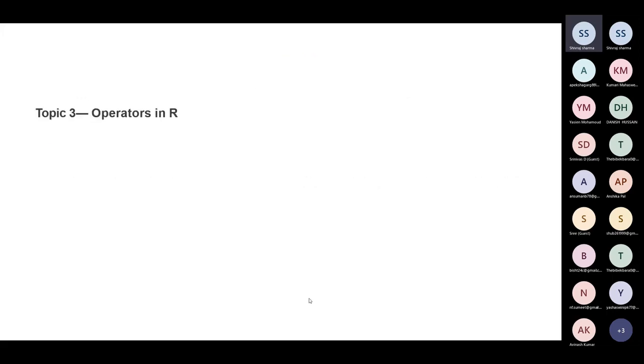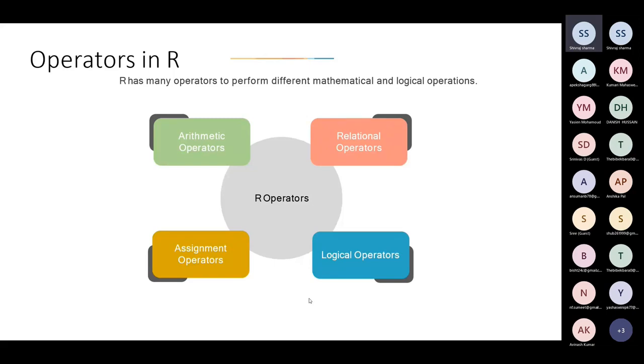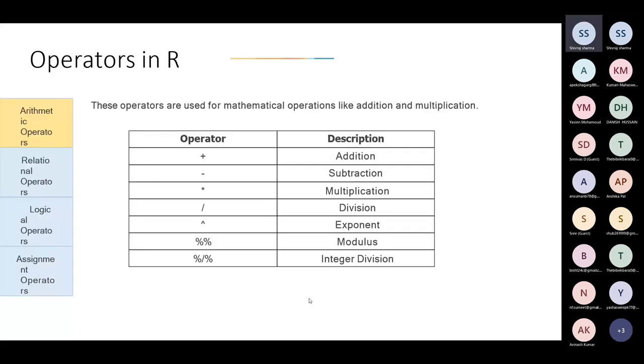Moving ahead with the operators in R, there are four types of operators available in R: the arithmetical operators, the relational operators, the assignment operators, and the logical operators. Only these four types of operators are available with R. Classifying these operators, the very first is arithmetic operators.